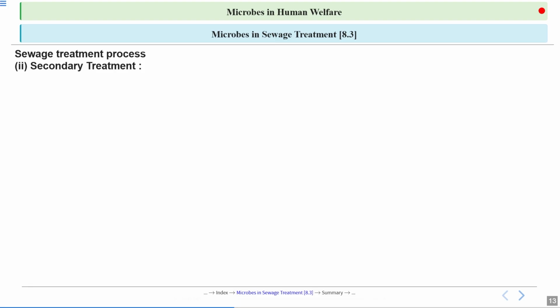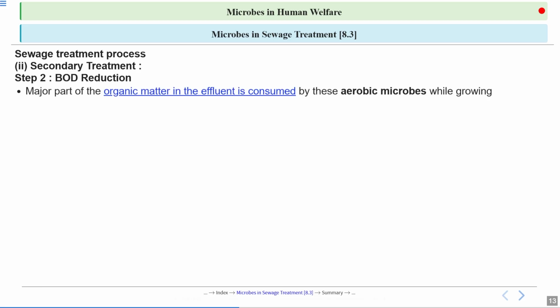So you're talking about the secondary treatment. This is the second phase in wastewater treatment, which is focusing on lowering the organic pollutants, that is, the BOD reduction. Now you can see here microorganisms that need oxygen use the organic waste in the water as food and they grow.